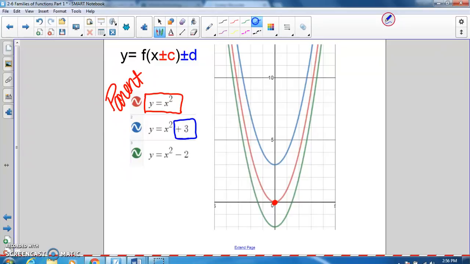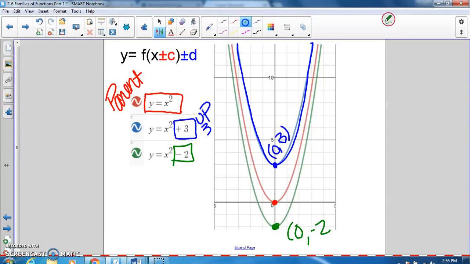And if we find the blue graph, our vertex is now at 0, 3. So what we did was move up 3. Then we have the green function when we're subtracting 2, and the vertex of our green function is 0, negative 2.